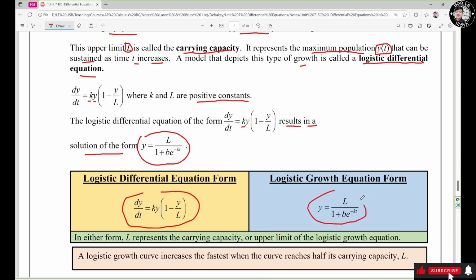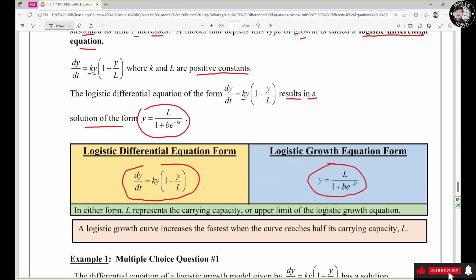In either form, L represents the carrying capacity, or upper limit of the logistic growth equation, which is the maximum. A logistic growth curve increases the fastest when the curve reaches half its carrying capacity L.